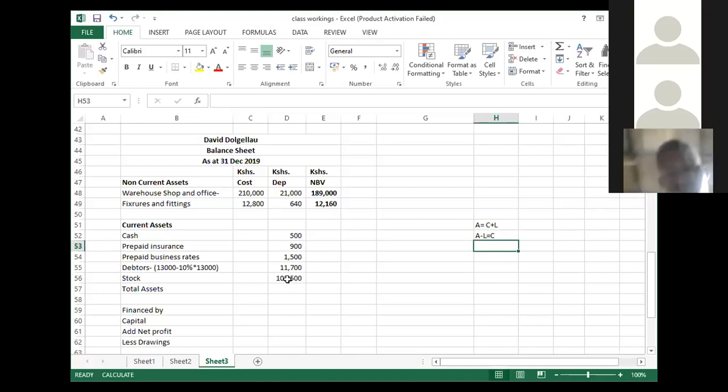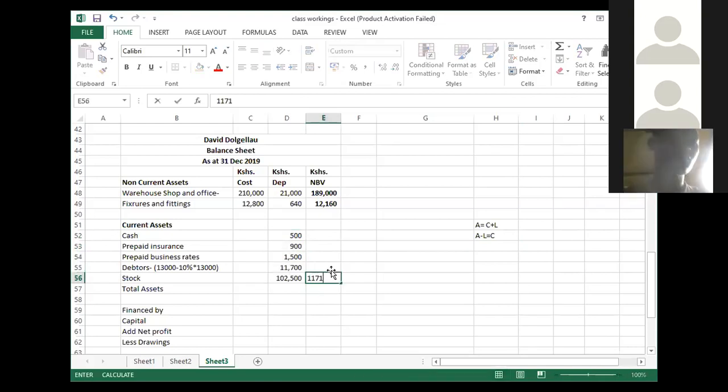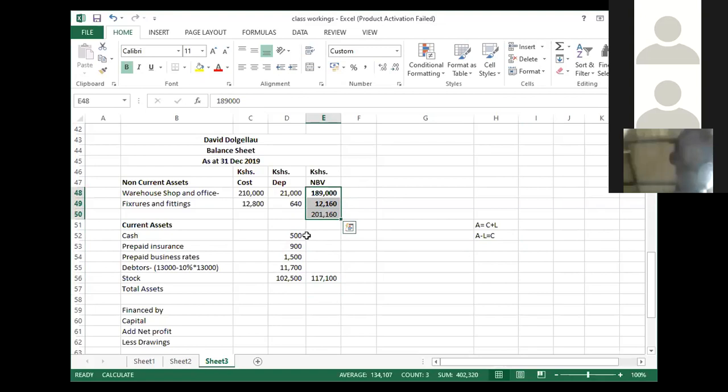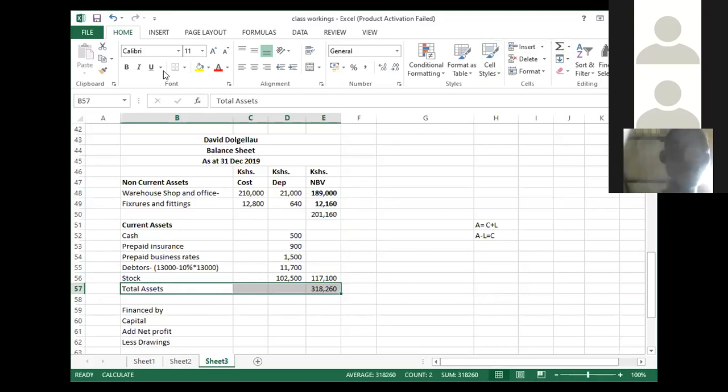But for the purposes of those who take time to understand this, you can decide to add this, get 117,100, and then add them to the amount you had gotten here for the current assets, to get a figure there, which I will call total assets.